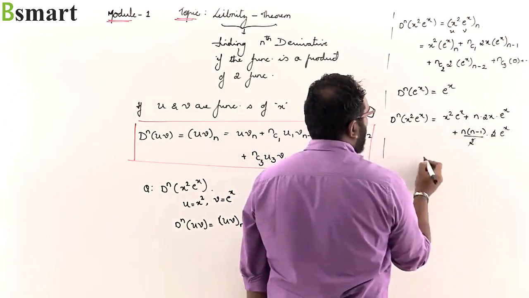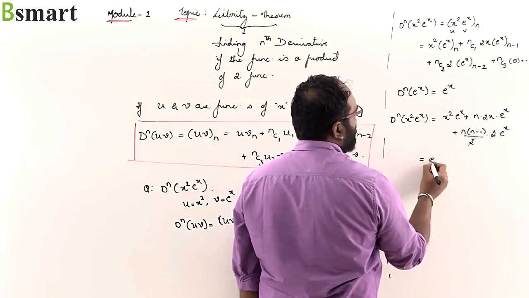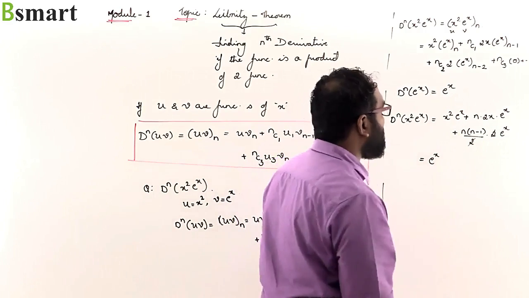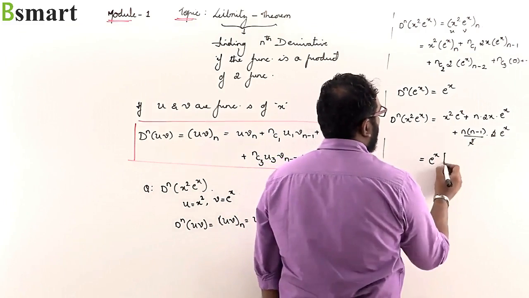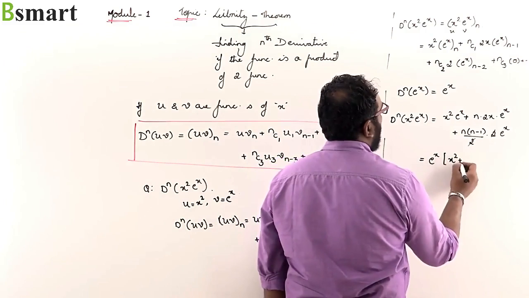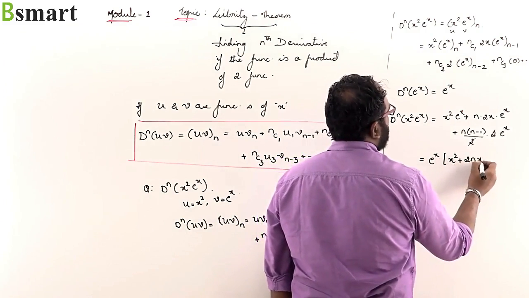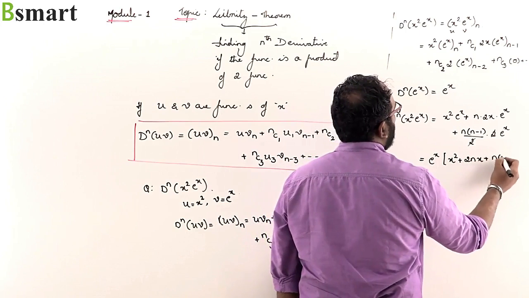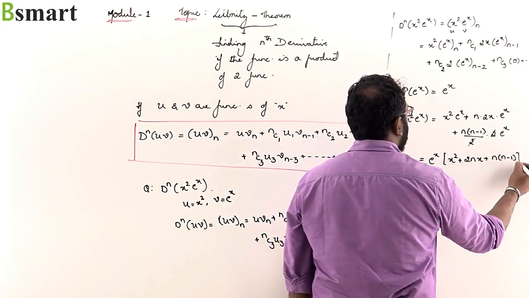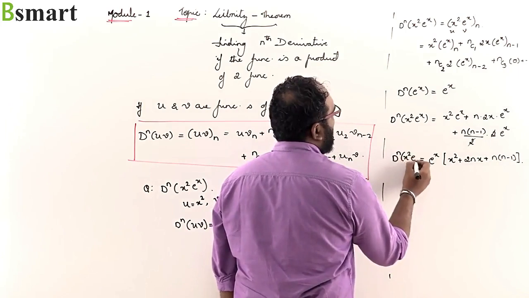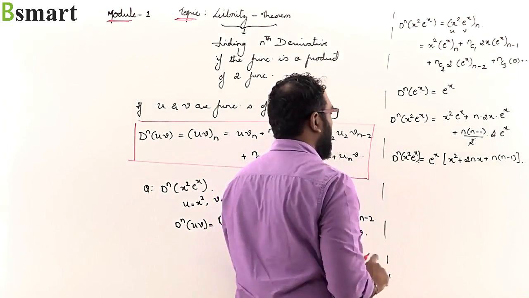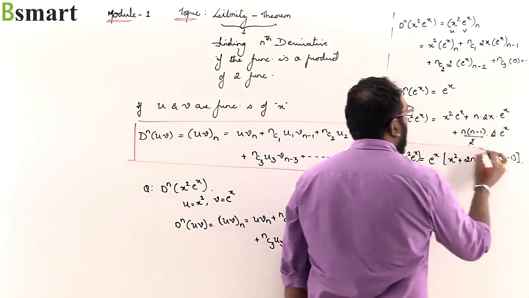Here 2 and 2 get cancelled. Now from these three terms, we can take e to the power x common. We are left with x squared plus 2nx plus n into n-1, which is our required nth derivative of x squared e to the power x.